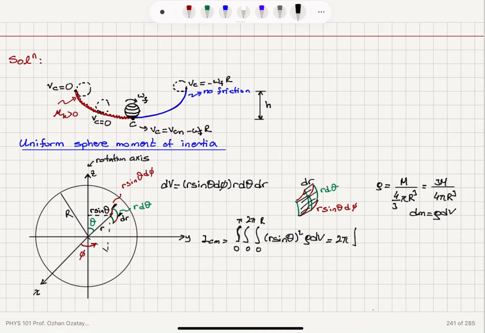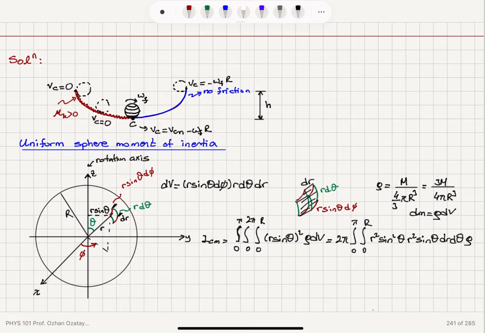So we will have the remaining integrals from 0 to pi, the theta integral, from 0 to capital R, the r integral, r squared sine squared theta, and then we will have for dV r squared sine theta dr d theta, and this will be multiplied with the mass density rho.